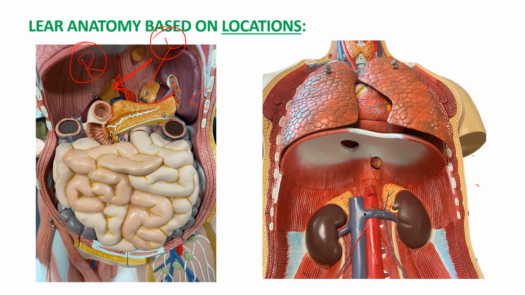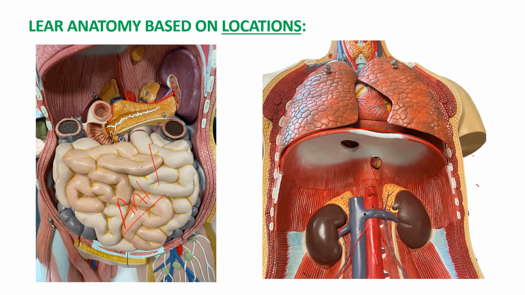Now, that's what I'm saying. Don't get comfortable with just one picture, because if you apply the two concepts, basic shapes and locations, you're going to be able to tell me what organ it is no matter which image I present to you. You can realize that the kidneys are organs that are way back. You see that this is the front of the body, the more anterior or more superficial part.